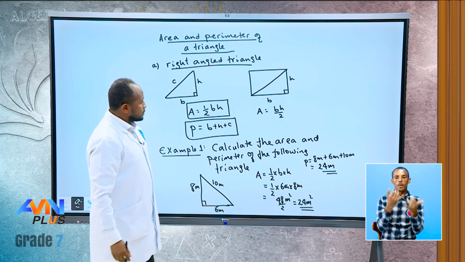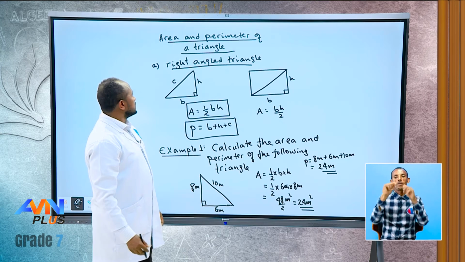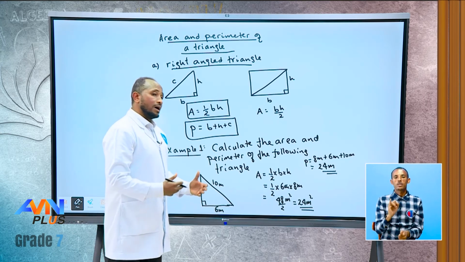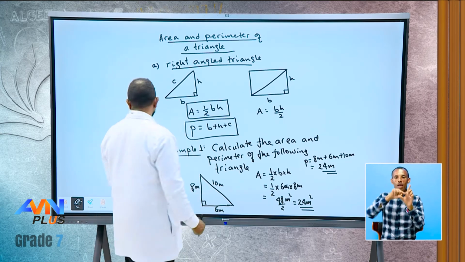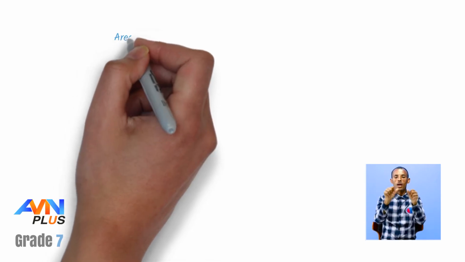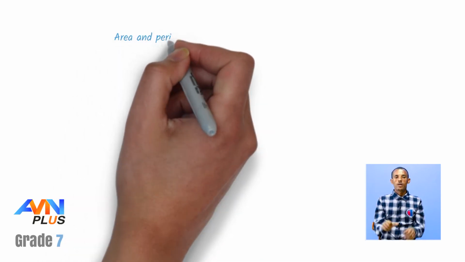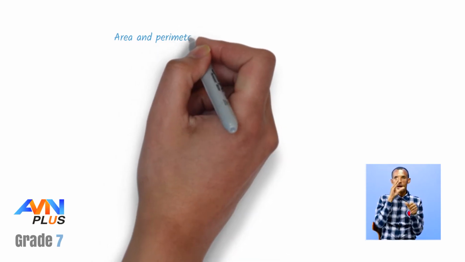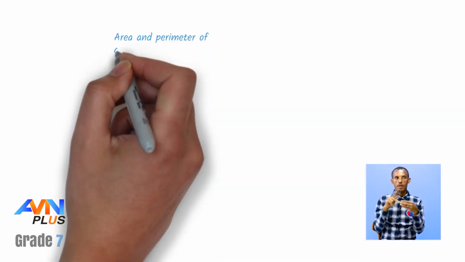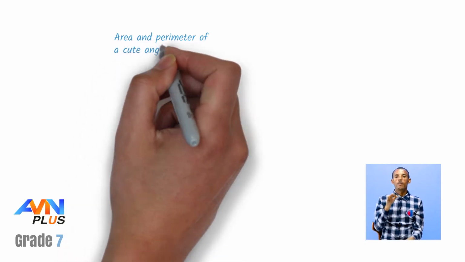Now let's proceed to the second type of triangle, which is the acute angled triangle. Area and perimeter of acute angle triangle.